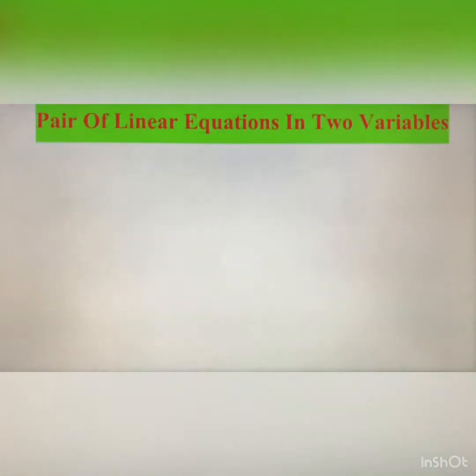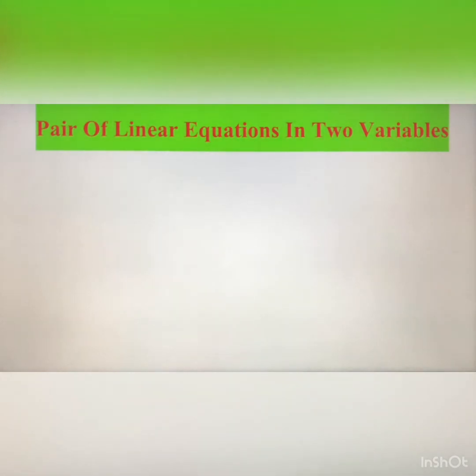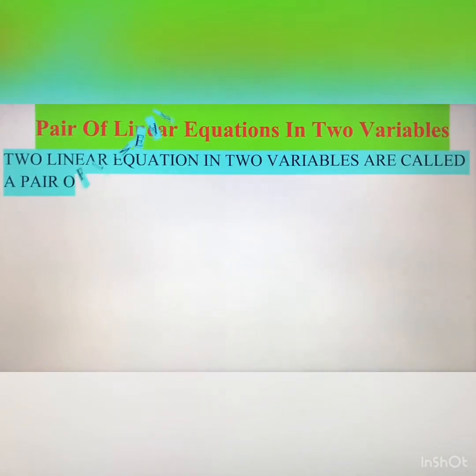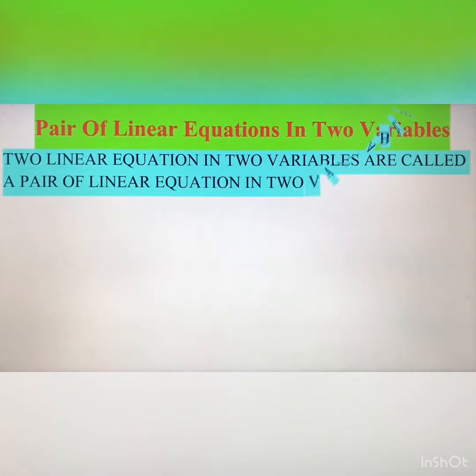Now, pair of linear equations in two variables. So what is a pair of linear equations in two variables? Two linear equations in two variables are called a pair of linear equations in two variables.